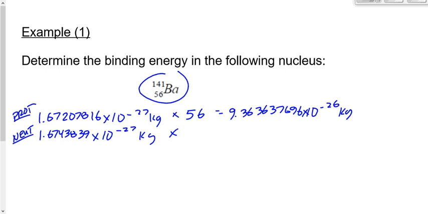141 minus 56 gives me 115. No, it doesn't. Should be 85.